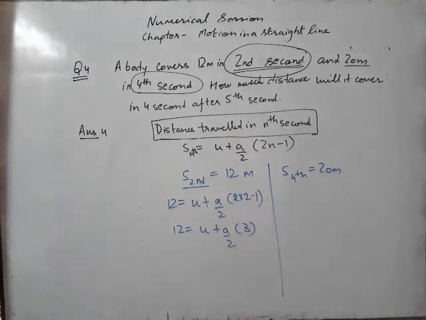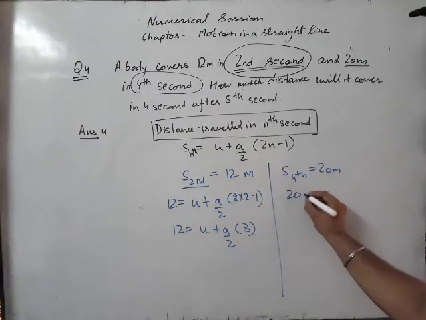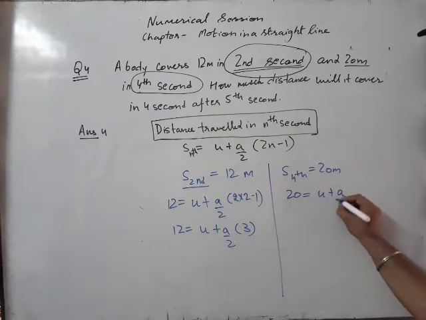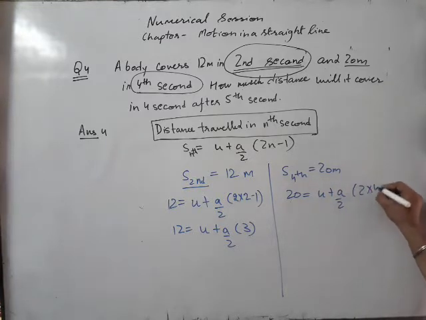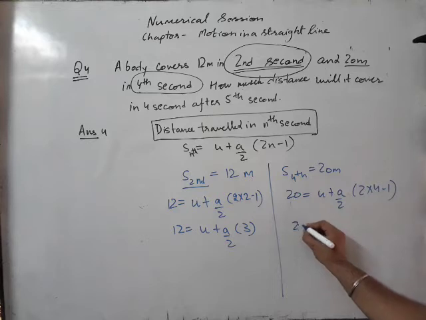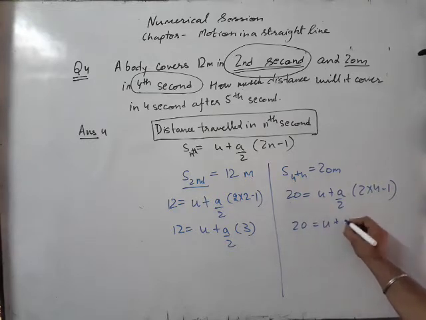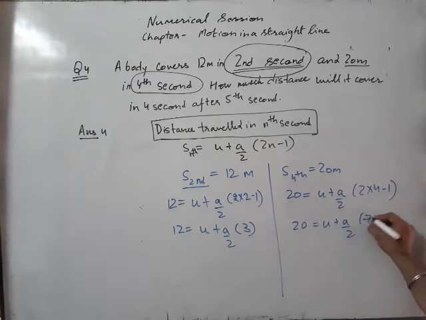And on the other side, for the 4th second, it will be u plus a by 2 into (2 into 4 minus 1), so 20 equal to u plus 7a by 2.